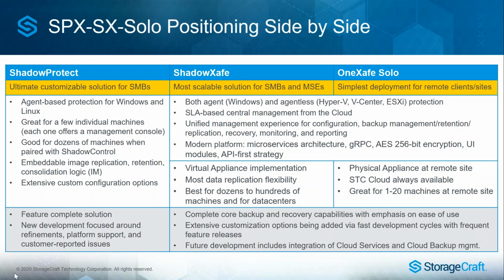Now, what's different between these two? ShadowSafe, as I said earlier, is a software-defined virtual appliance that you can deploy, and so it gives you some additional options because of that, right? It allows you to replicate anywhere you want. You can replicate to our cloud, or you can choose not to. You can replicate to some offsite location, and you're not bound by any of that.